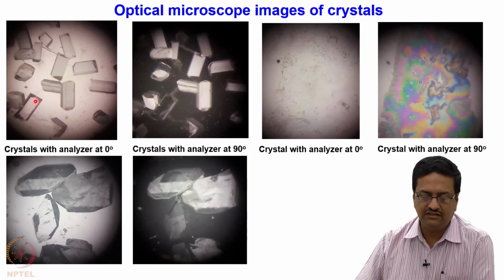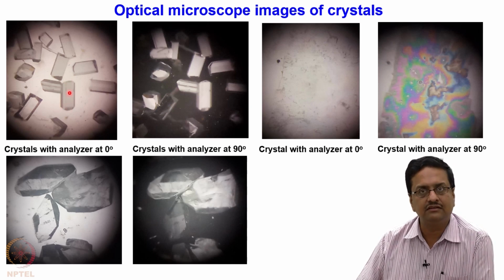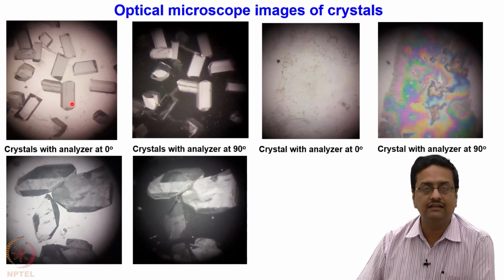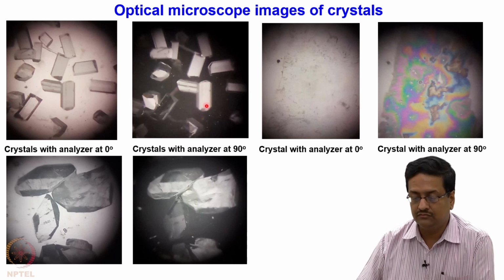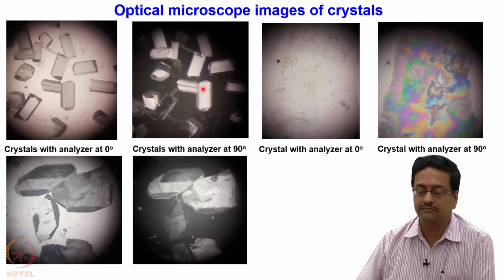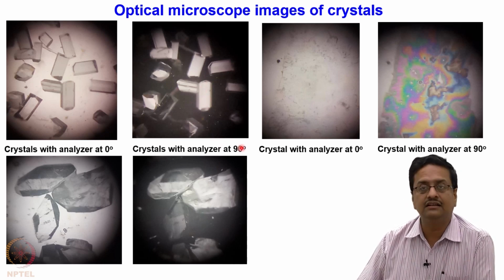So it is bright and transparent when the analyzer is at 0°, and dark when the analyzer is at 90°.